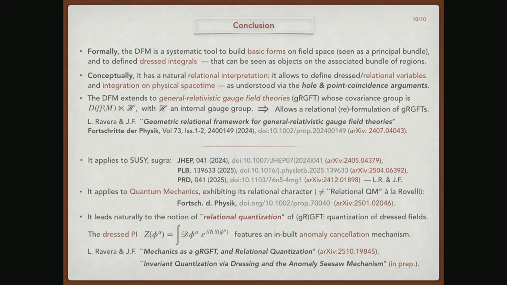And the dressed version, therefore, is just textbook mechanics, in which the dressed field phi^u is just x of t. So the bare field phi would be x of tau, t of tau, and the dressed field is x of t. So it's a way to kill diffeo reparametrization invariance. This gives the motivational clue to develop this in a more systematic way to higher dimensional theories. And that's it. Thank you very much for your attention.